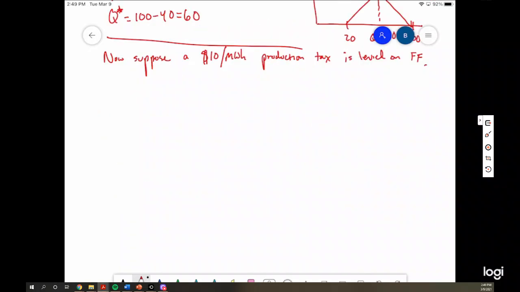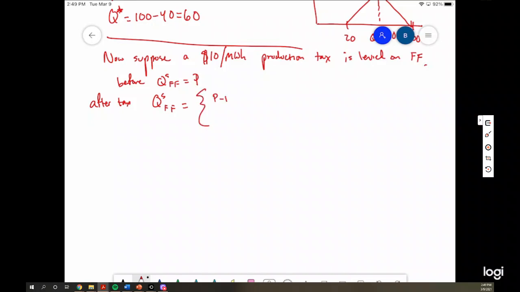Now suppose there is a $10 per megawatt hour production tax that is levied on the fossil fuel producers. And let's resolve the problem. So before, the Q supply from the fossil fuel was equal to P, but now after the tax, Q supply fossil fuel takes a little bit of a different functional form.